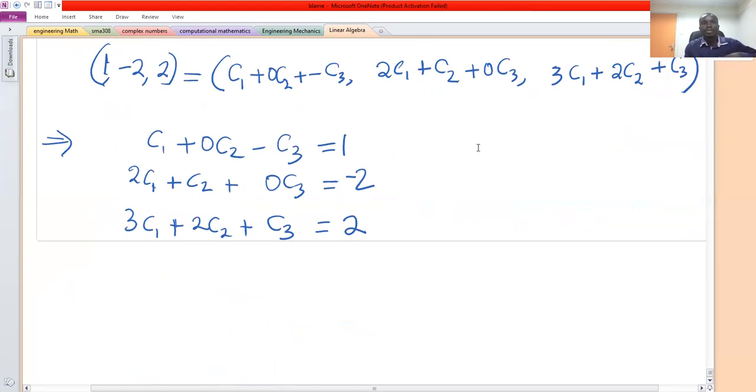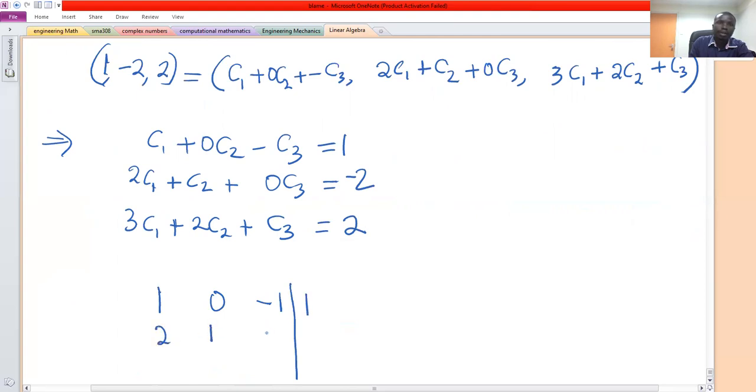The equation now reduces to solving a system of three linear equations in three unknowns. To solve this one, we write the augmented matrix of the system, which is [1, 0, -1 | 1], [2, 1, 0 | -2], [3, 2, 1 | 2]. This is what we call the augmented matrix of the system.